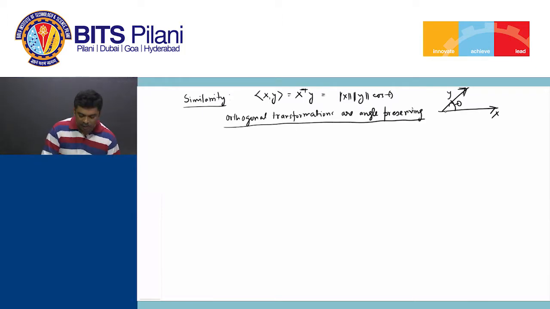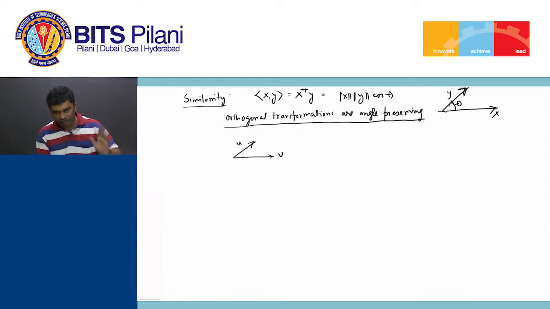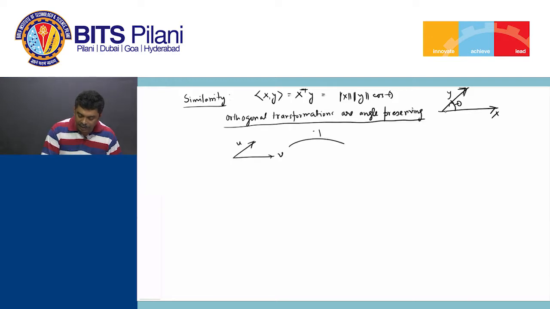Okay, so here is the deal. I have a vector u in this direction and a vector v in this direction. By virtue of a linear transformation, I can have a linear transformation capital T, and if I apply it, think of it as a function, T applies on u and produces Tu, and T applied on v produces Tv.